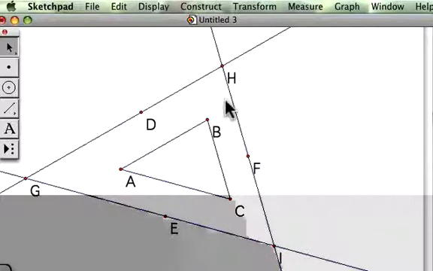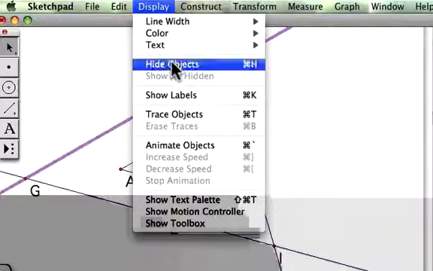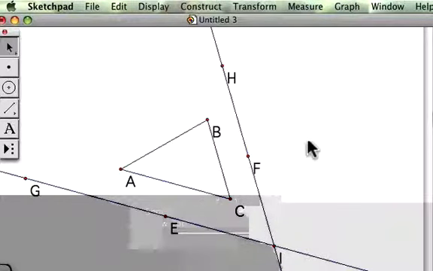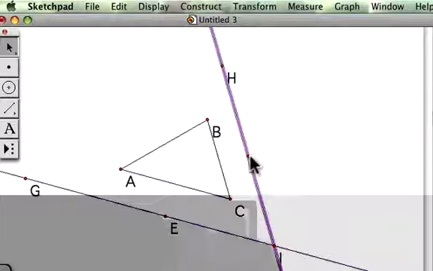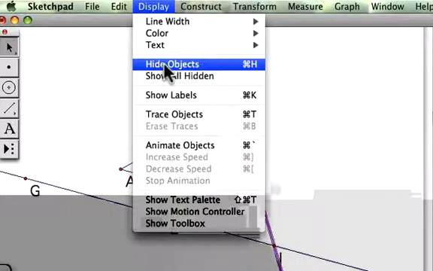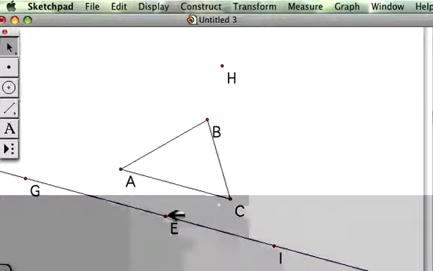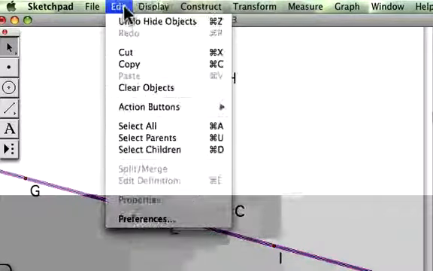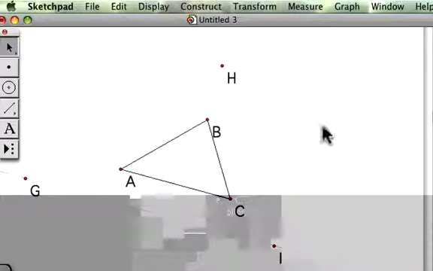So now what we're going to do is hide the parallel lines and the points. We're going to say Display and Hide Objects. Then we're going to do the same thing here: Display, click on the parallel lines and the point, Display, Hide Objects, and then point E and the parallel line and Display, Hide Objects.